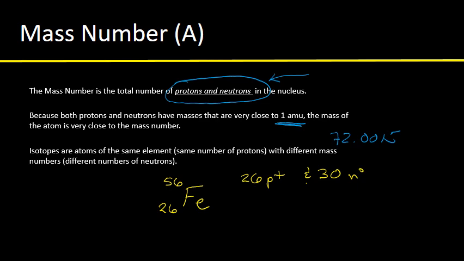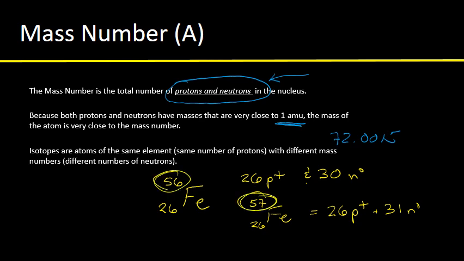Or we could have, for example, an atom with a mass of 57, right? Which would mean that there were 26 protons and 31 neutrons, right? So the mass numbers can change, right? But as long as the atomic number is the same, it's going to be the same element.